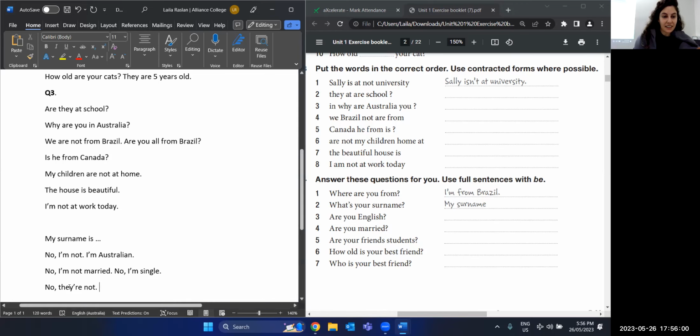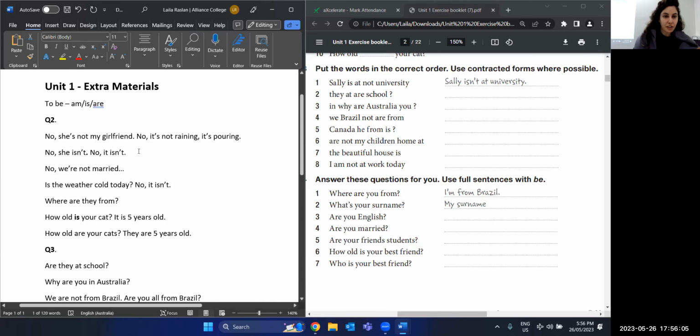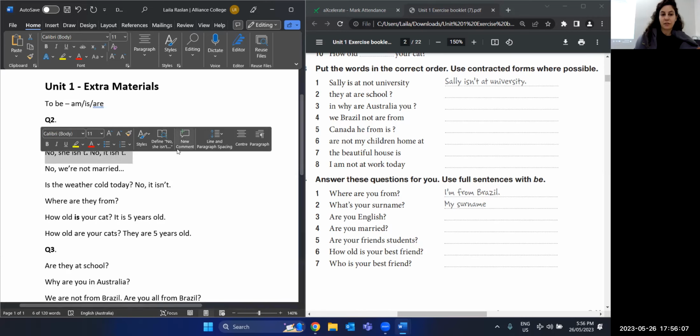I'm going to connect it here because it's very common, like we looked back here, it's very common to connect it when you want to finish on no, it isn't, yes, it is, no, we aren't, yes, we are, no, I'm not, yes, I am, no, he isn't, yes, he is.